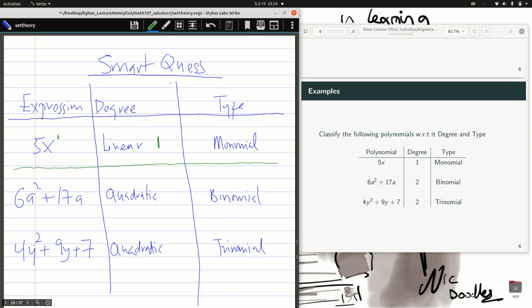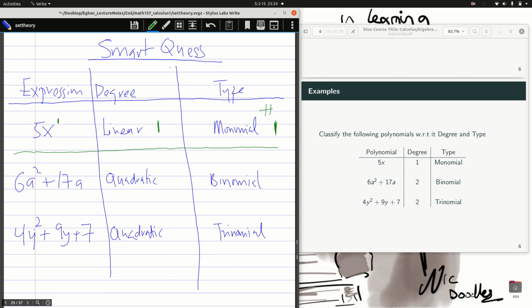This I still have x to the power 1, which we don't write. Why is it a monomial? The number of terms is also 1. It's just one term. Why is the degree of this polynomial quadratic? The highest index is 2. This is what I have here. This is to the power 1, but the highest is 2. Why is it binomial? Because the number of terms are 2. So term 1, term 2.